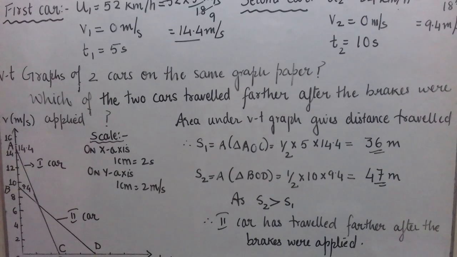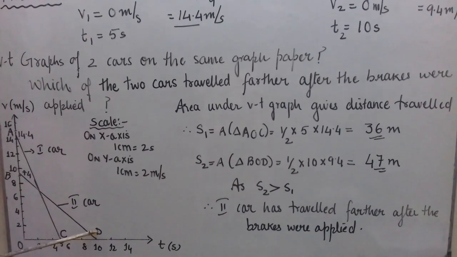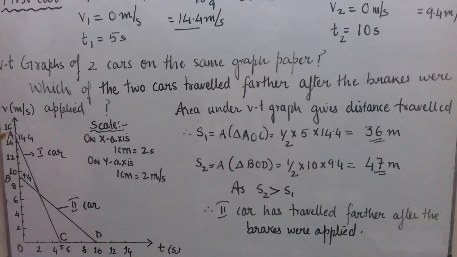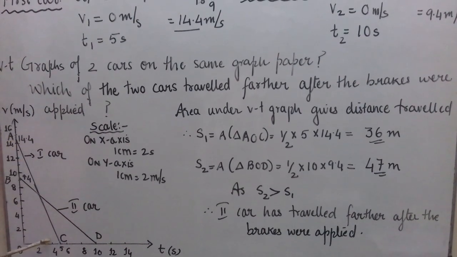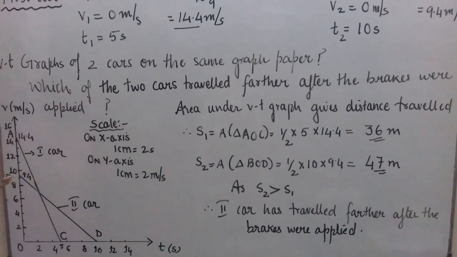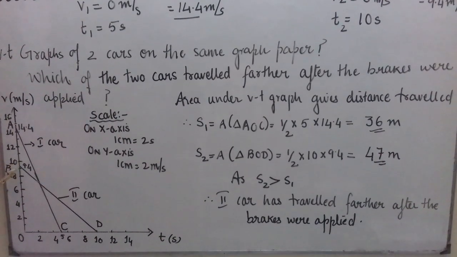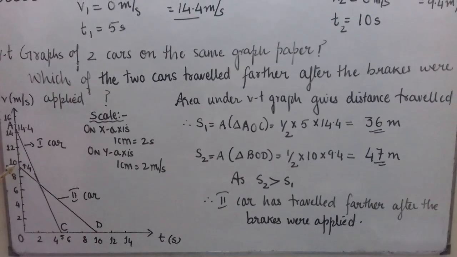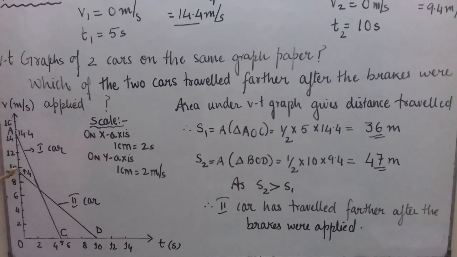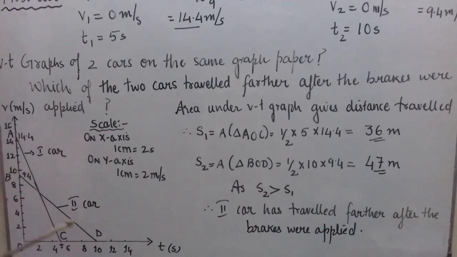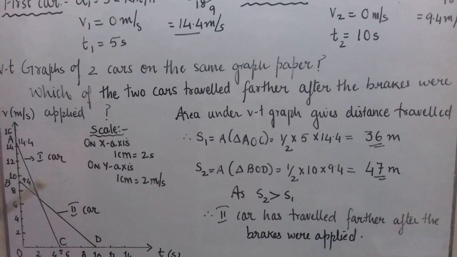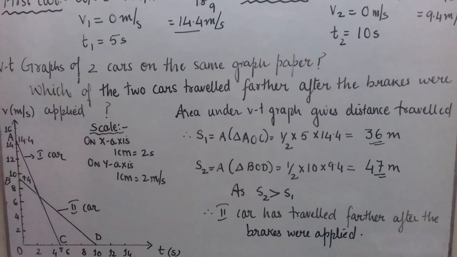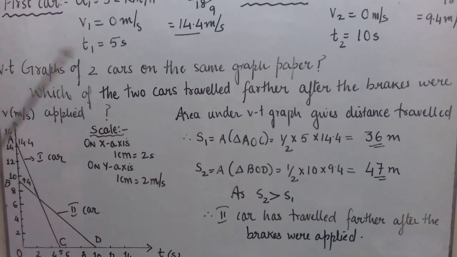It means our second point is this, D. So we have the coordinates of 2 points in the first case, A and C. In the second case, the 2 points are labeled B and D. We know it is a straight line graph inclined to the time axis, so I can draw a line joining these 2 points, and this becomes my VT graph for the second car. So on the same graph paper, I have drawn the VT graphs of both the cars.